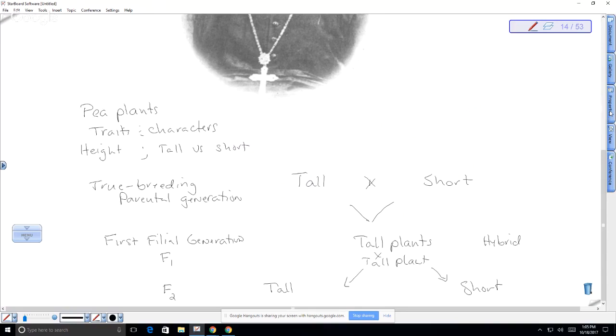This is the outer expression of its genes, right? This is not the genes themselves. So we can define the phenotype as the outer expression of the gene, remembering it could be inside a cell, but it is outside of the genome, okay? And then the genotype is the combination of alleles.